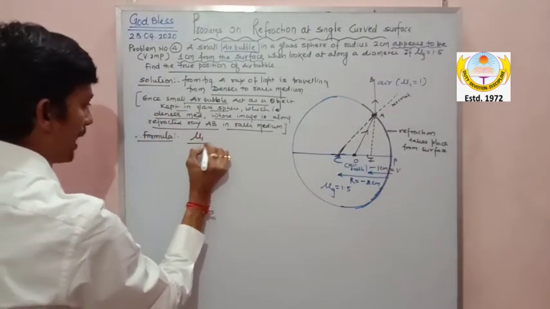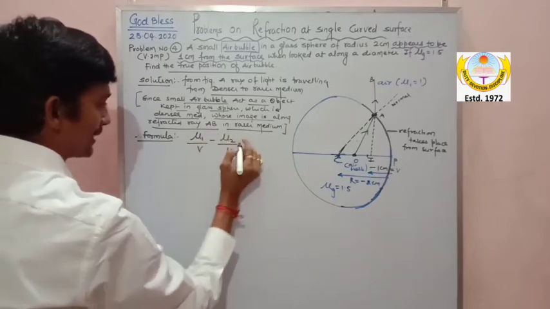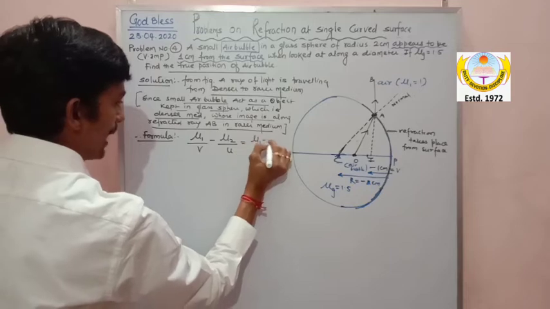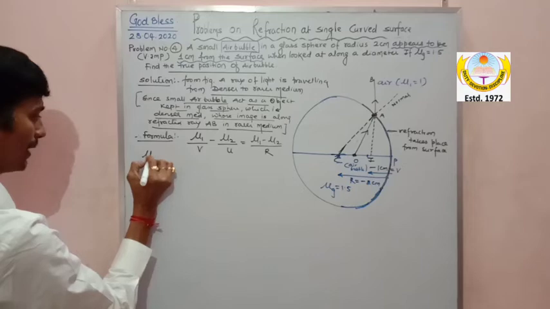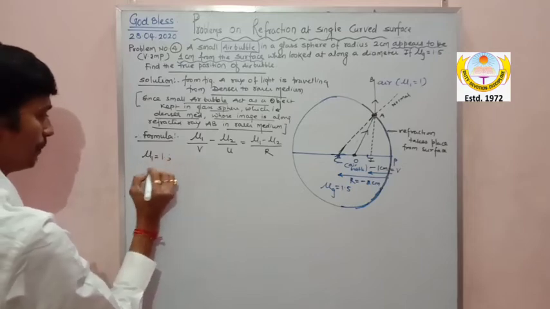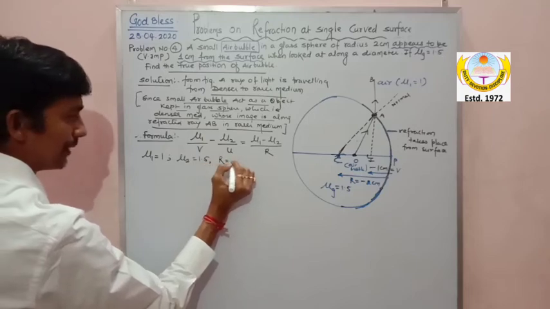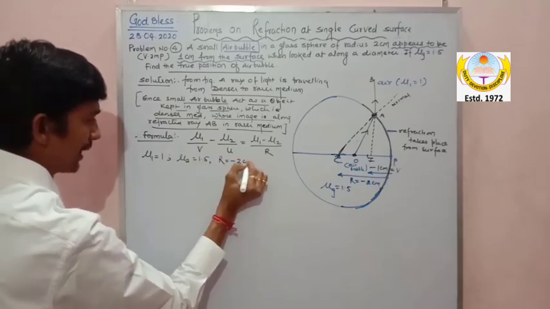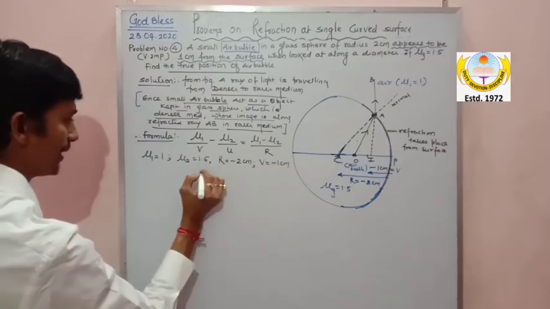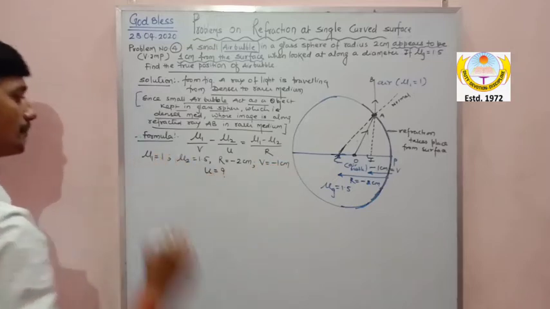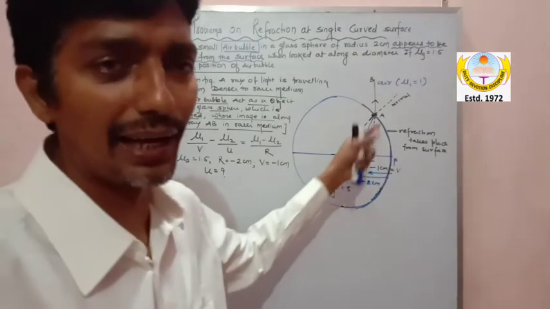So it is mu1 by V minus mu2 by U is equal to mu1 minus mu2 by R. Here, my dear, mu1 is equal to 1, mu2 is equal to 1.5, R is equal to minus 2 centimeter, V is equal to minus 1 centimeter, and you are supposed to find U. And the diagram is clear, I hope, everybody.